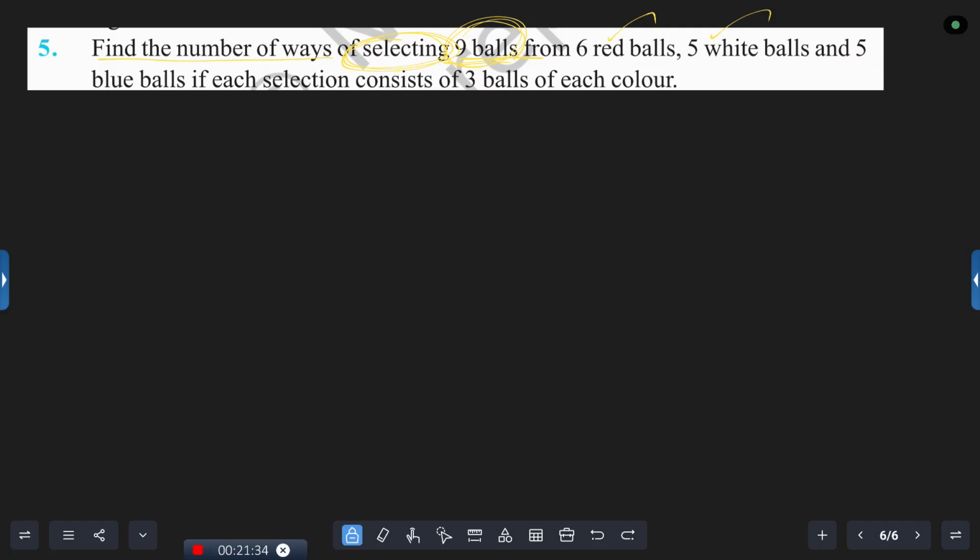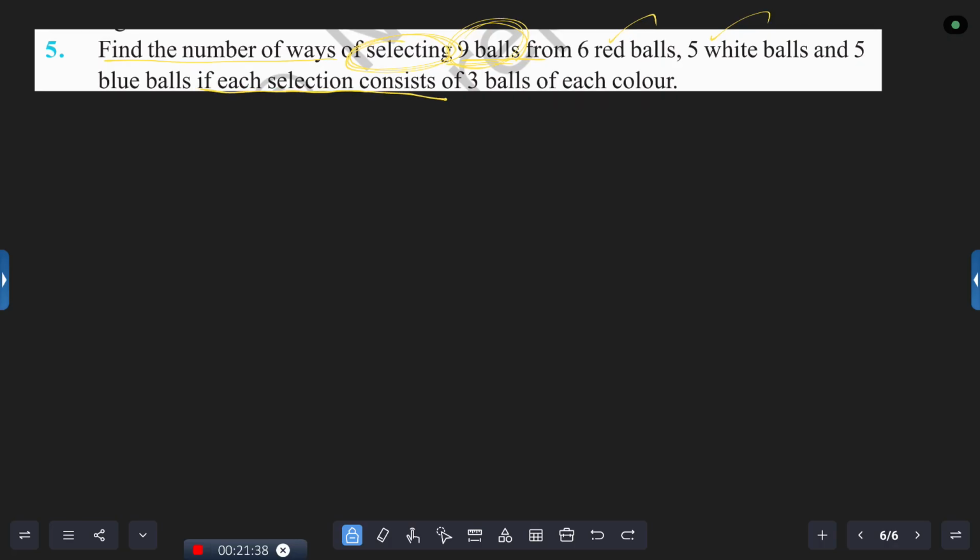If each selection consists of 3 balls of each color, then color-wise we are selecting. They need 9 balls. So 3 balls of each color: from red 3, from white 3, and from blue 3. Then 9 is coming. Then the number of ways.